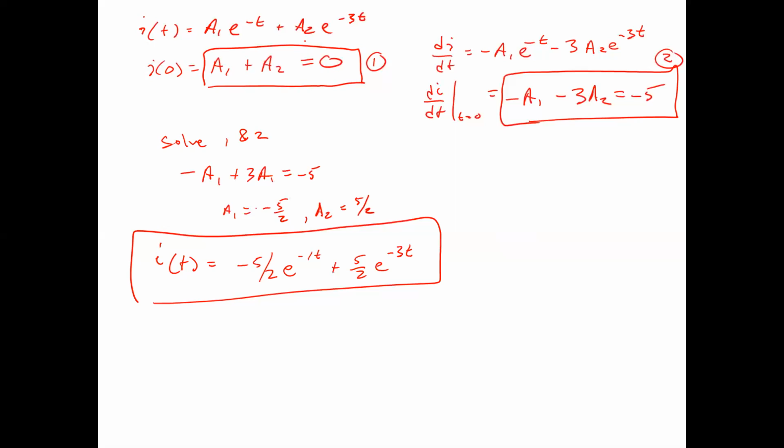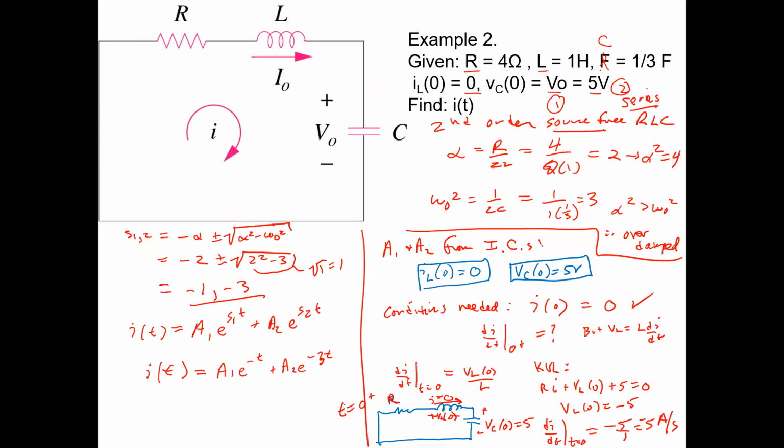Mason. If we're asked for VC, we integrate that and divide by C. Yeah, if we're asked to find VC of t, could you integrate it and divide by C? Well, because I is flowing into the capacitor.